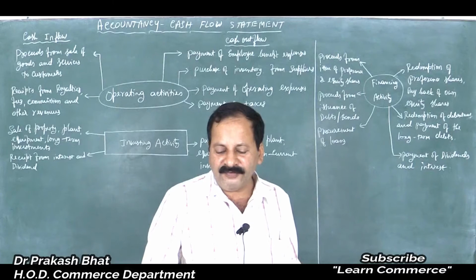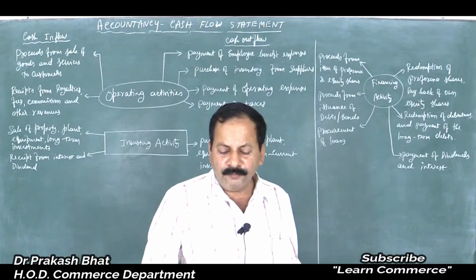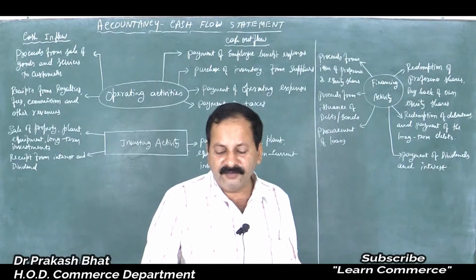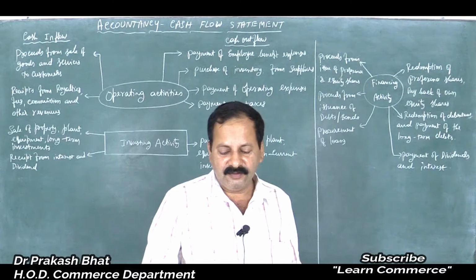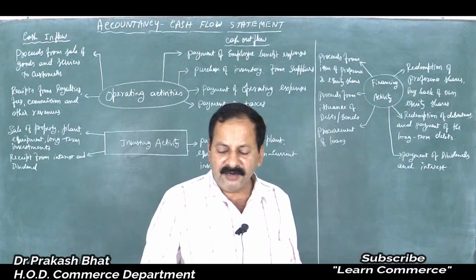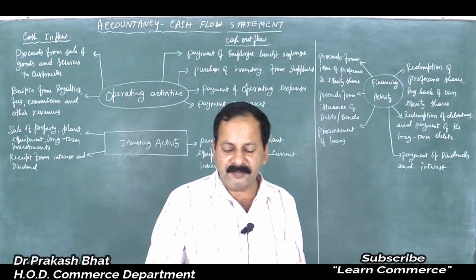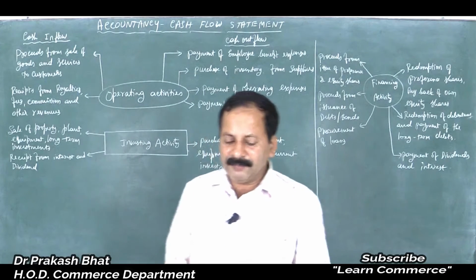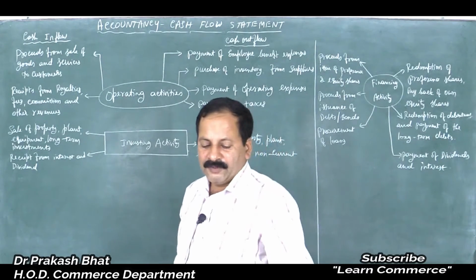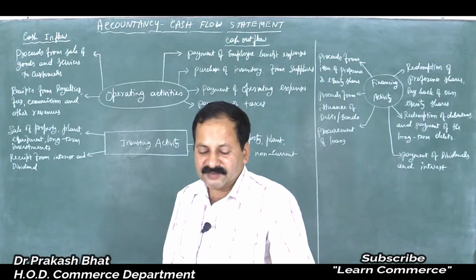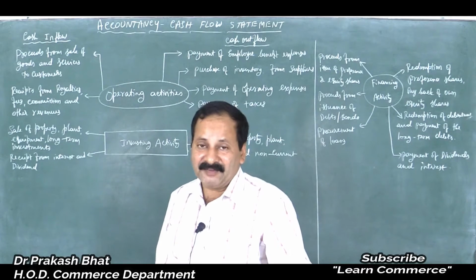There was a profit of rupees 50,000 on assets sold, which was transferred to statement of profit and loss. Trade receivables increased during the year by rupees 40,000, and trade payables also increased by rupees 60,000. Compute the cash flow from operating activities by the indirect method, they told.